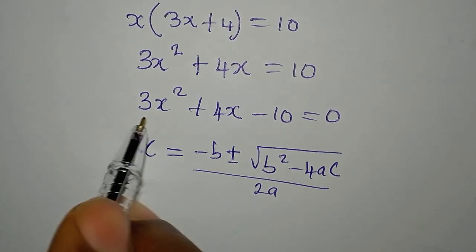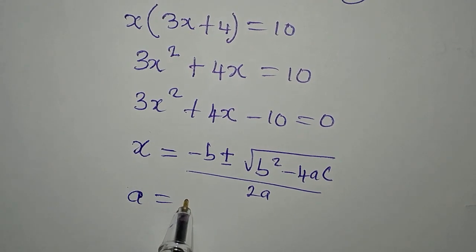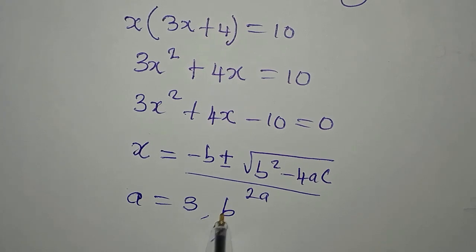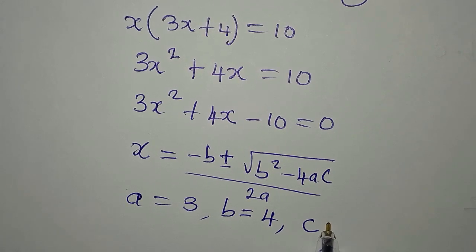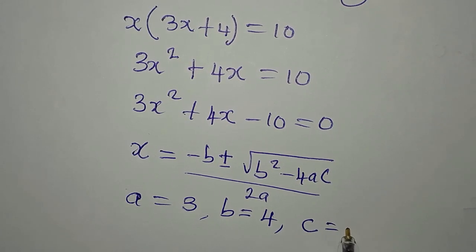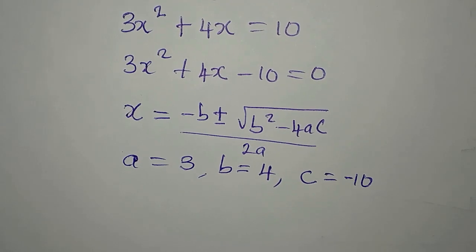Now, what is our a? Our a is the coefficient of x squared, which is 3. Our b is the coefficient of x, and that is 4. Our c is equal to minus 10. That is the constant over there.